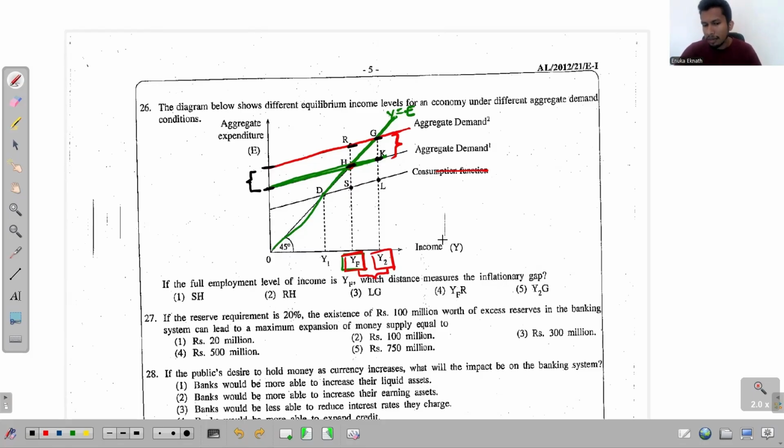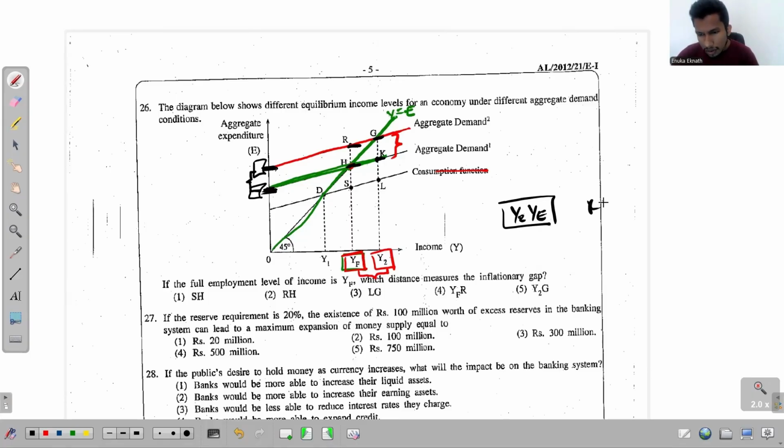So then what is the answer? Y2 to YF is the inflationary gap. If not, this is the inflationary gap. Since they have not labeled these, either you can say Y2 to YF, that gap is the inflationary gap.